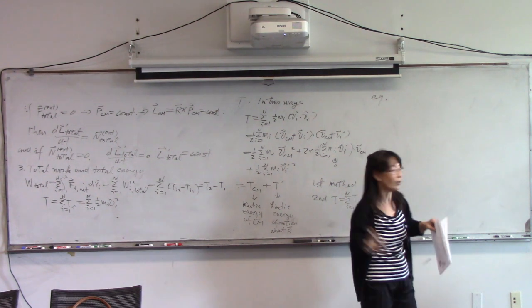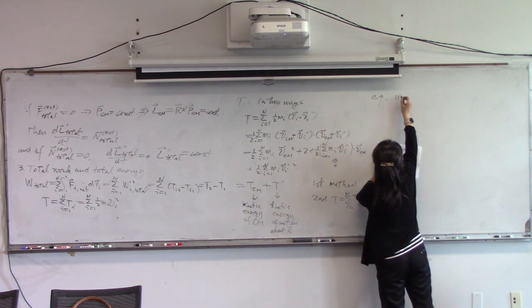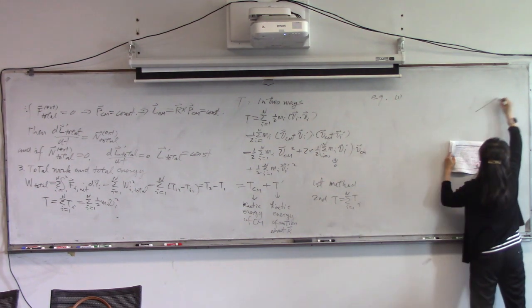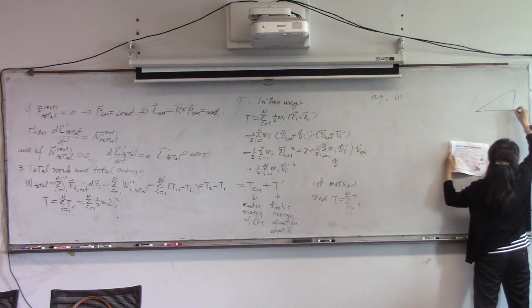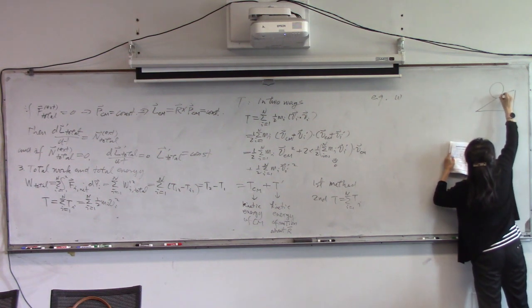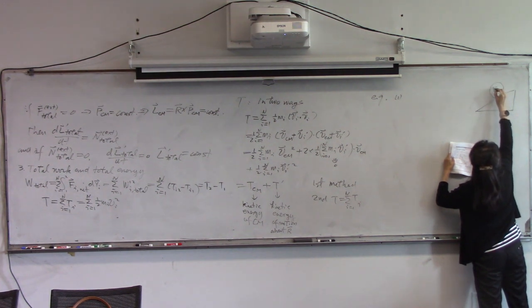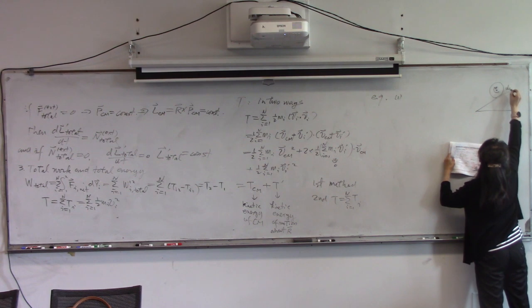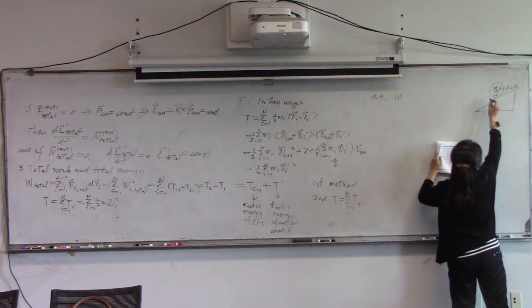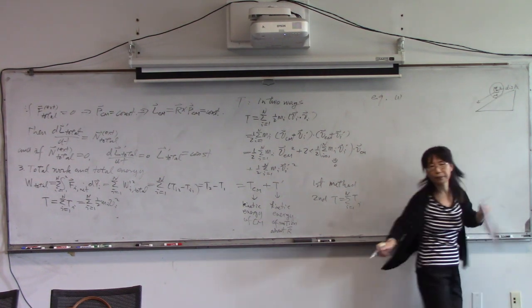No question? Okay. For the first example, let's look at an incline with a disk making rotation. This is a disk with total mass and radius A, going down.